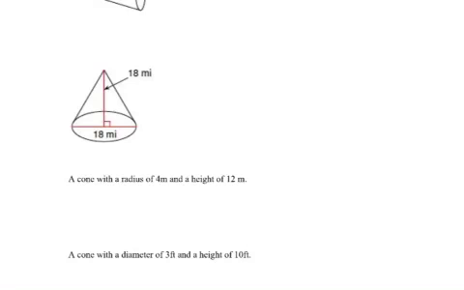I am given my height, which is 18, but this time I'm given my diameter. Remember, you never want your diameter, so you have to halve it to find your radius, which in this case would be 9. If I plug it into my formula, V equals 1/3 times pi times your radius squared times your height of 18.